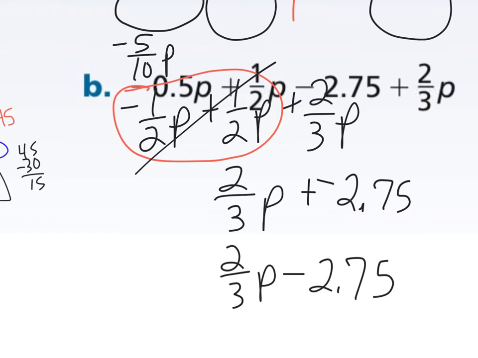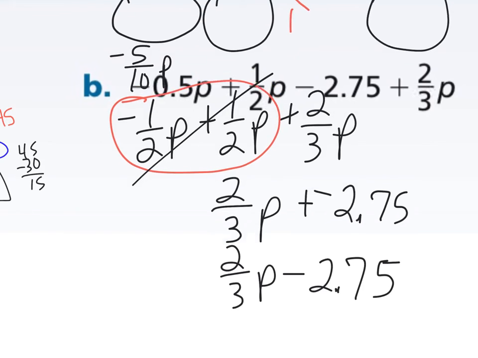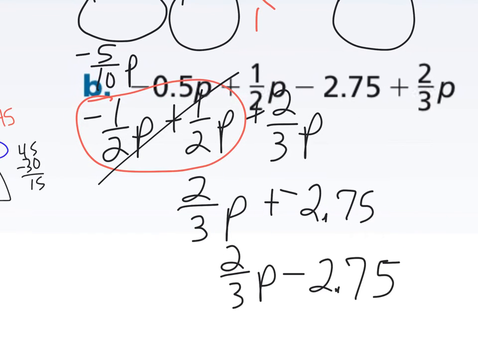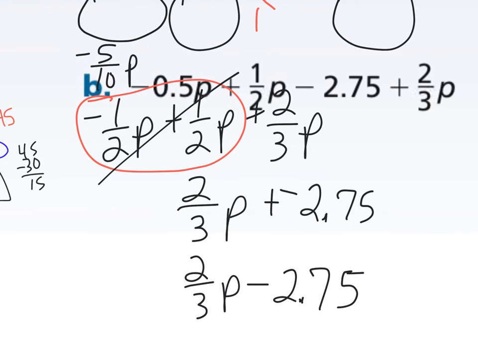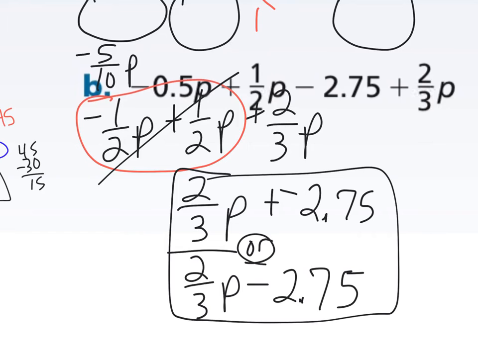One thing about this problem that we want to think about is the fact that with our terms that had fractions in them, some people like to try to change the fractions to decimals. In this case, for example, 2/3 p, 2/3 as a decimal, is 0.6 repeating.